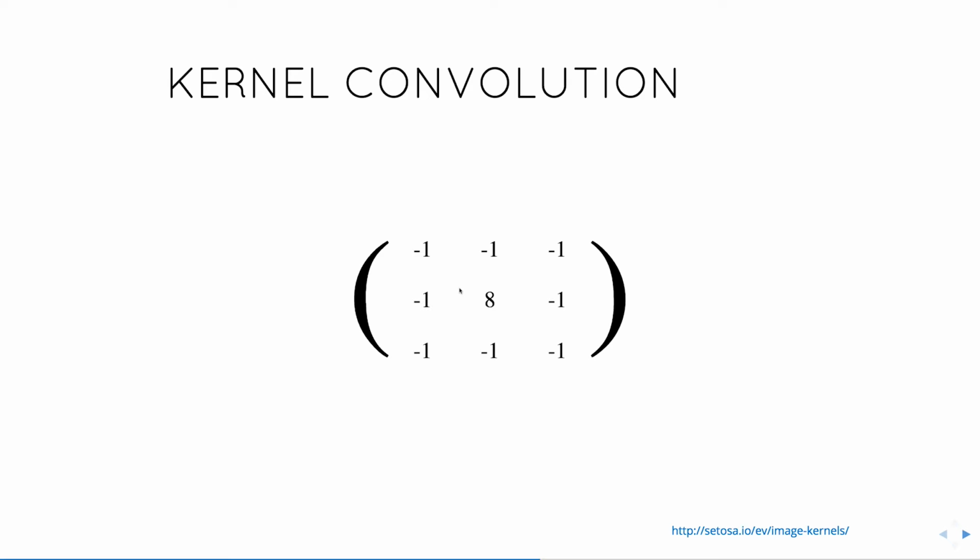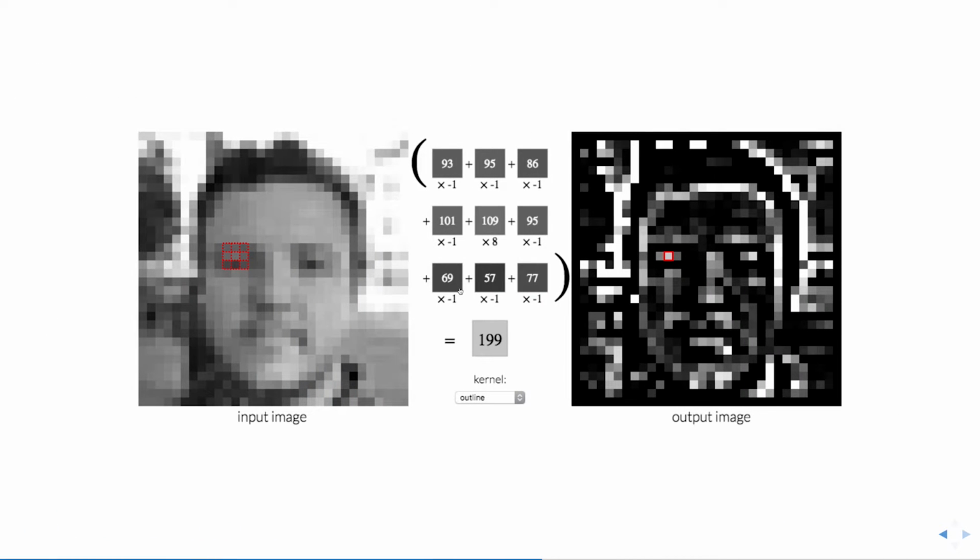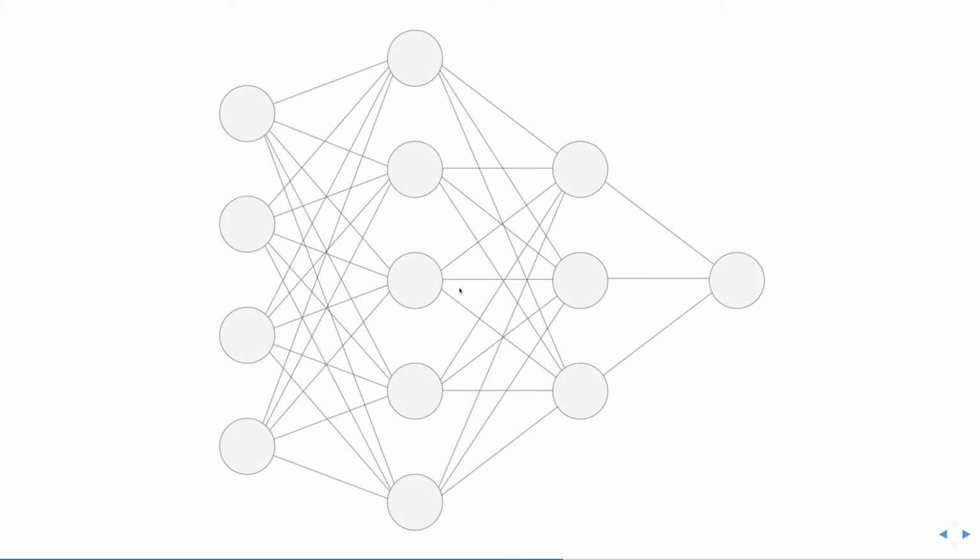They're used all the time in Photoshop or GIMP or whatever your image tool is to extract things like edges. So this is an edge detection or outline detector, but there are also Sobel detectors which detect maybe the top or the right or the left. They're mostly used for image editing, but also for neural networks.